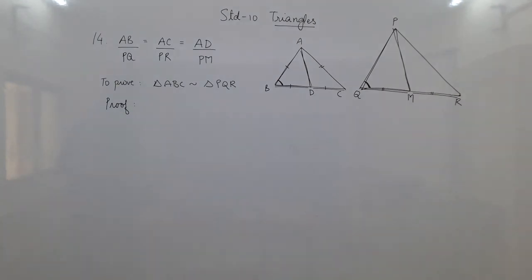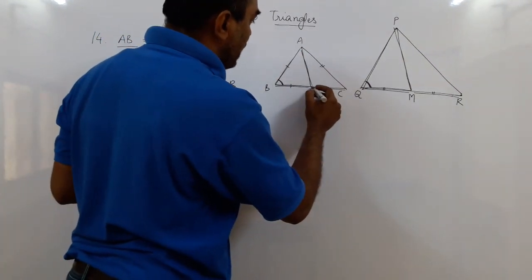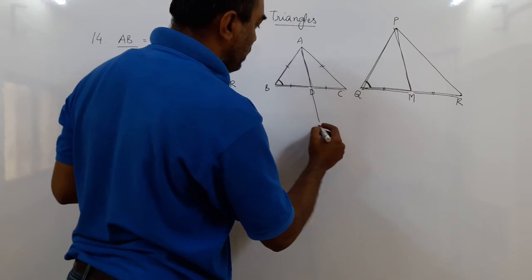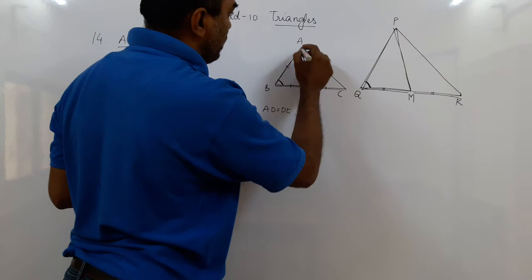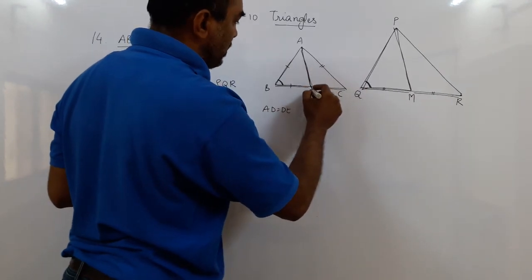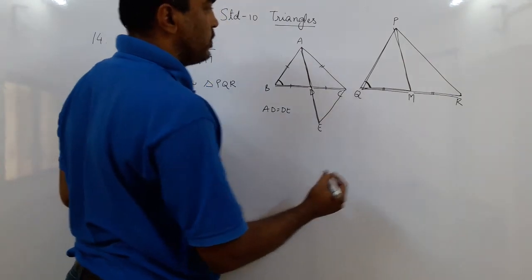So can we think a little differently now? Let us see what you can think of. In this sum, we will have to do a little bit of construction. You can see AD. I will continue this line such that AD equals DE, and I will join this.